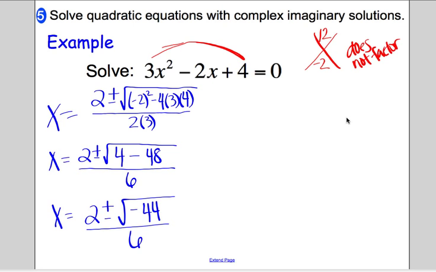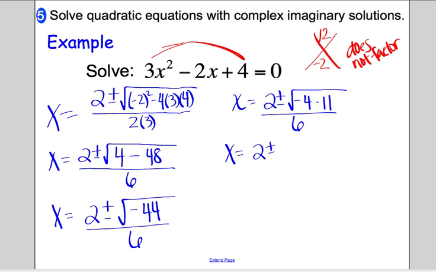Let's go ahead and just simplify this the rest of the way. I'm going to start with the square root of negative 44, and I'm going to rewrite that as negative 4 times 11. The nice thing in that is the square root of negative 4 is 2i, and then I have that root 11 still there. And on top, I have a common factor of 2.